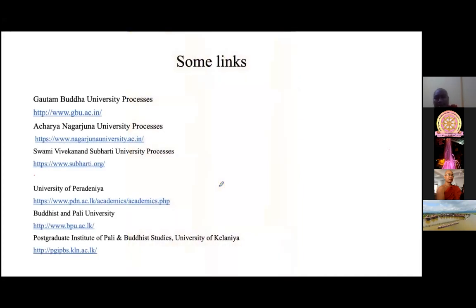These are some links. I give these links for the Godavari University project. If you want to do your research at Godavari University, which is a 1 hour drive from Delhi, you can go to the website and learn about the process. Then the second one is Acharya Nagarjuna University.